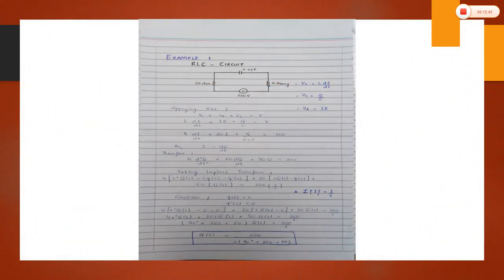There is another circuit, an RLC circuit, in which we have a capacitor attached to an inductor, a voltage source and a resistor. In order to find the total amount of charge, we just have to solve it.